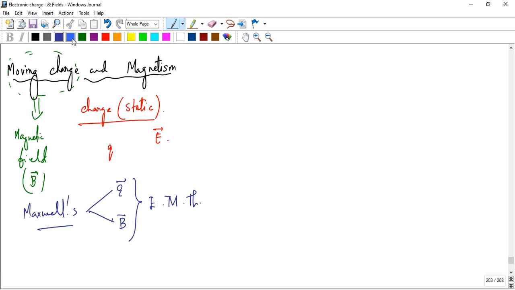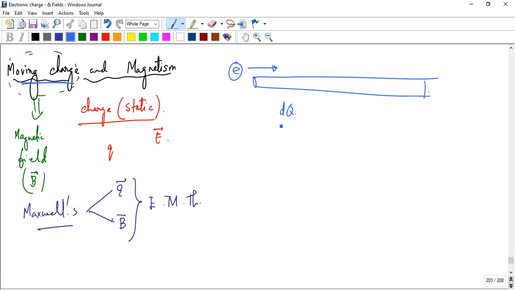Suppose there is a charge and the charge is moving. A charge, an electron or a proton, is moving in a conductor. So there is a dq amount of charge moving in a conductor with respect to some time.